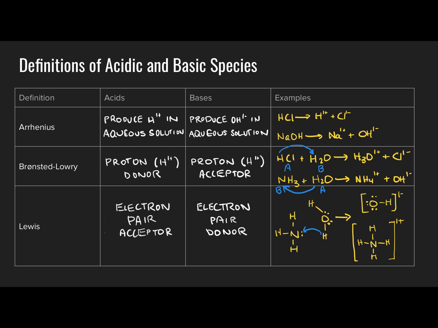And as we see in this interaction, we have now formed ammonium ions and hydroxide ions, implying that we observed ammonia, the nitrogen specifically, acting as the electron pair donor, and therefore ammonia is the Lewis base in this interaction. And similarly, we have seen the water molecule acting as the electron pair acceptor, specifically on that hydrogen ion which was donated. Therefore, this is acting here as our Lewis acid.